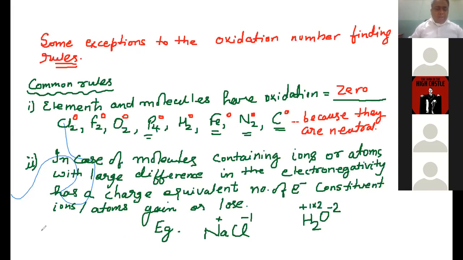How do we find out oxidation number then? Say for example, if any molecule is there, say KMnO4, and if we have to find out the oxidation number of any of the atoms, we will consider this to be X. Now since potassium is an s block element of group 1, it has one electron which it can lose, so +1 plus x plus minus 2 into 4 equal to 0.